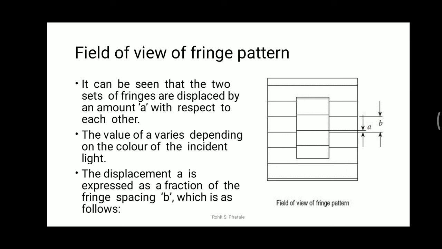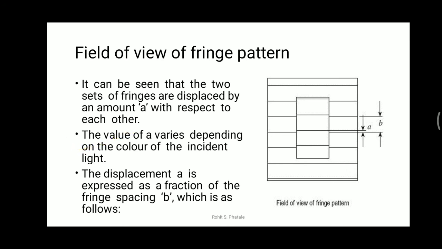It can be seen that the two sets of fringes are displaced by the amount A. ये जो दोनों भी fringes हैं, fringes of the base plate and fringes of the slip gauge, those are displaced by a small distance a with respect to each other.